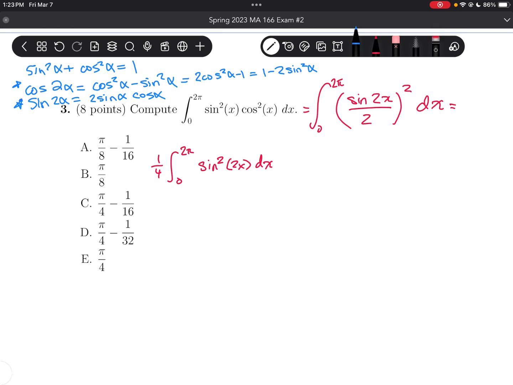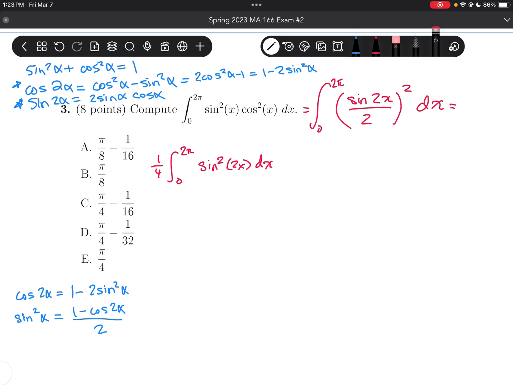So I'm going to write this out down here. If I rearrange, I can solve and find that sine squared alpha is equal to 1 minus cosine 2 alpha divided by 2.